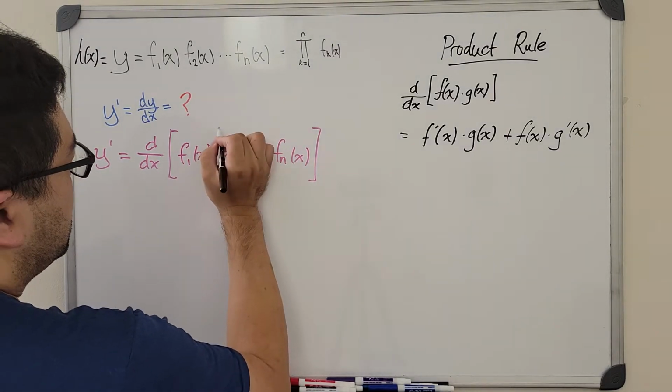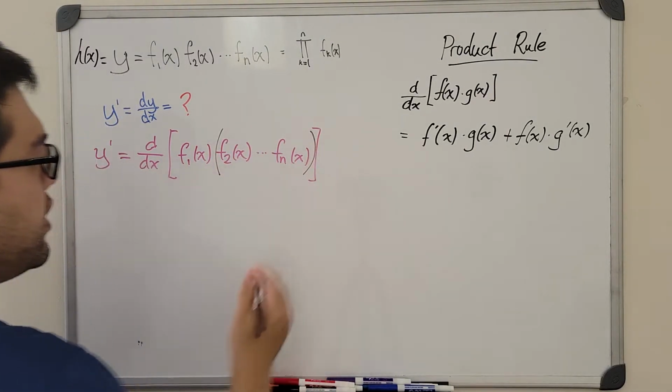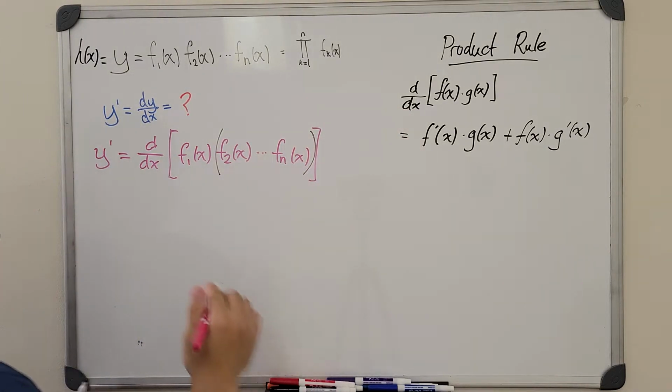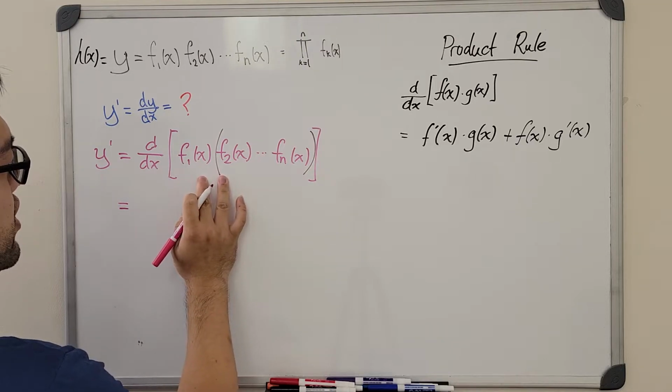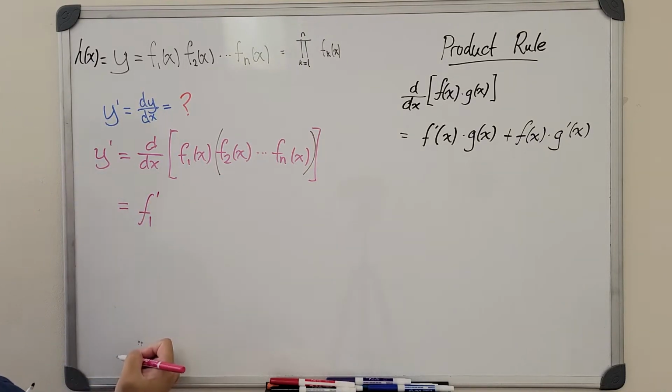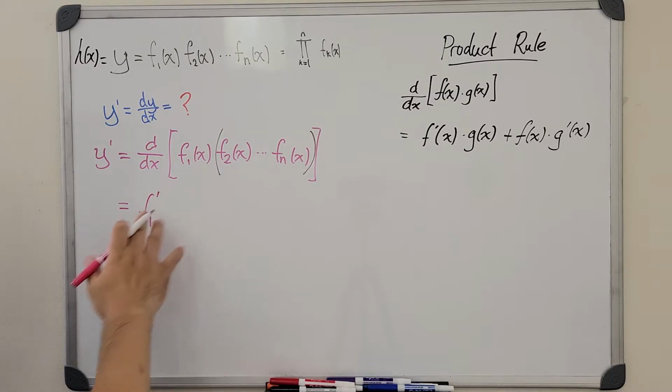So in this case, we can group like this, so that now we apply the product rule to give us the first function's derivative. Here I'm going to save time and not write of x, since we know these are functions that depend on x.